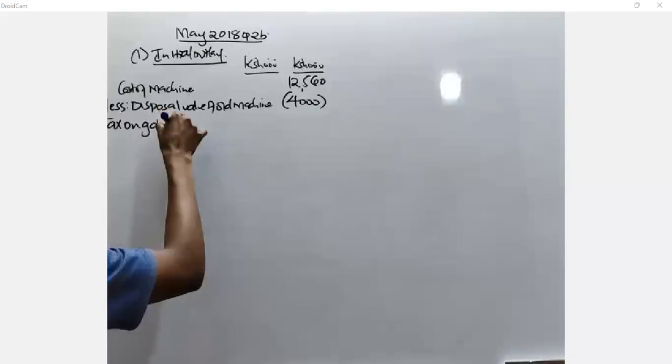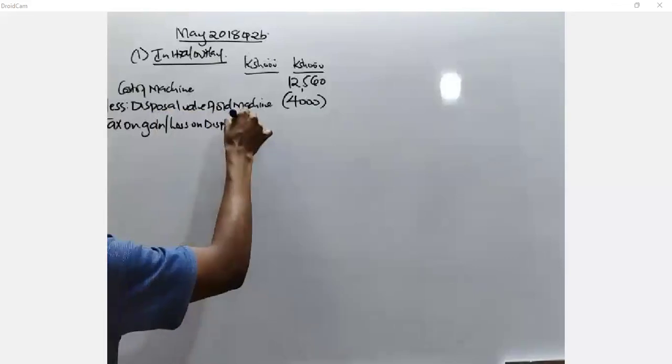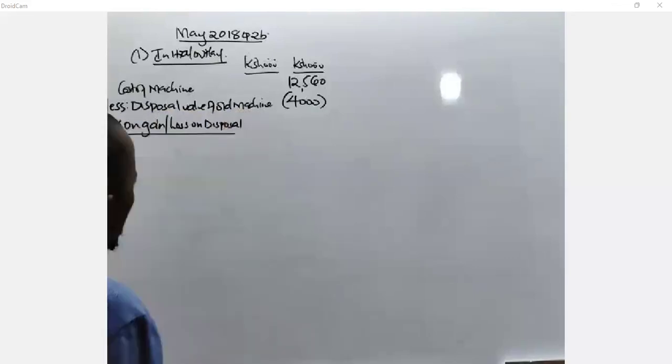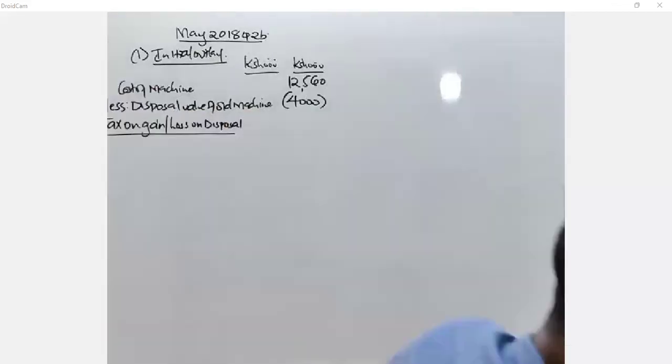If we had an incremental cost, it could be between the cost of the machine and the disposal. So that is the area where they could be.